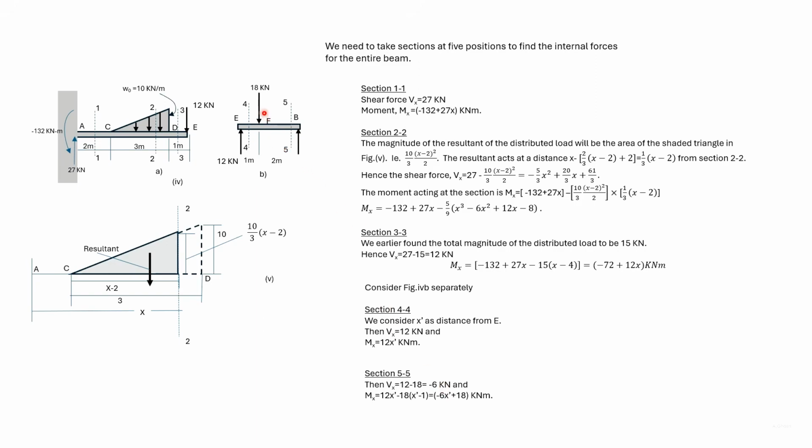Now the distance of this load from E is 1 meter. So the moment at section 5-5 is 12 into x' minus 18 into x' minus 1, that is minus 6x' plus 18.